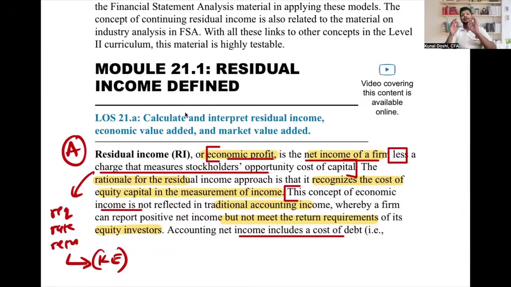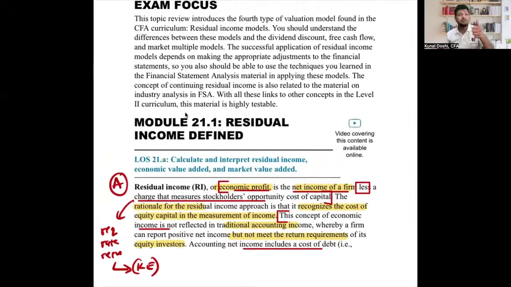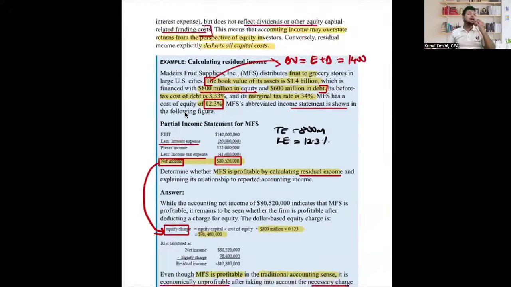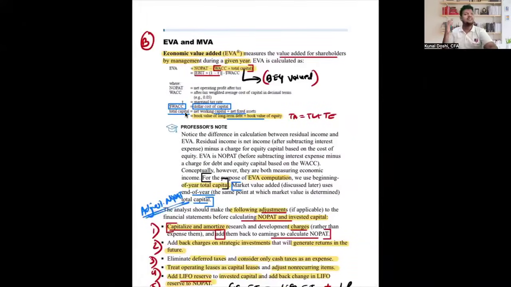Correct? So the residual income approach basically measures the opportunity cost of capital. So we are first going to understand the formula of residual income. Then we will also look at the other approaches, including EVA, economic value added, and market value added. These are also based on a similar concept. These are all economic profit measurements.